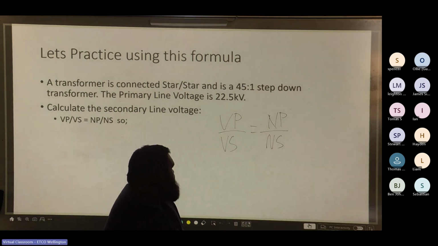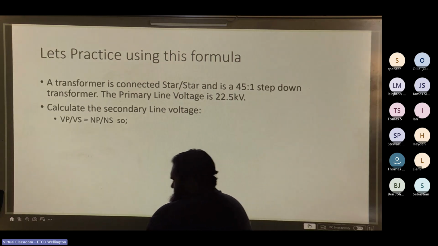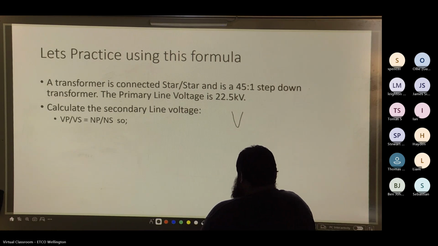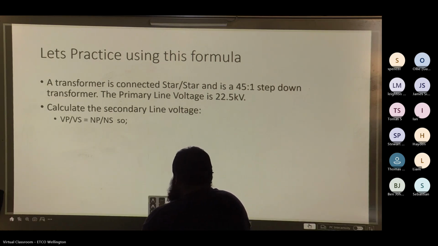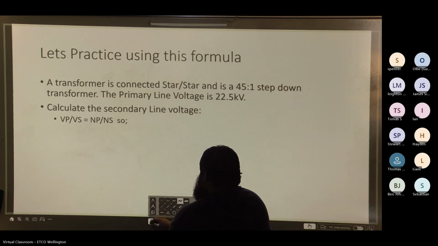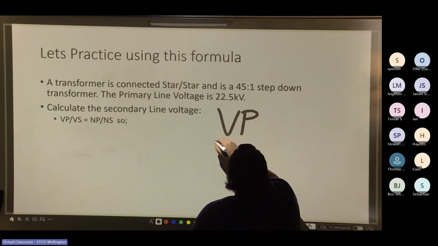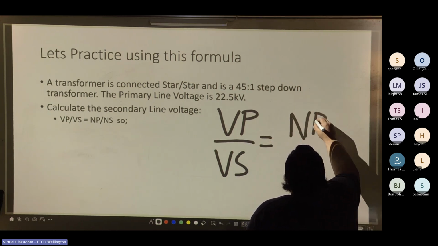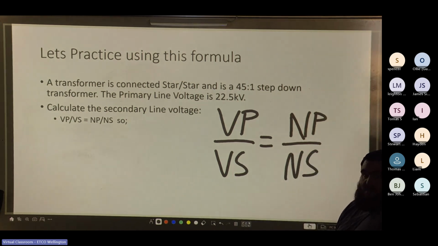Let's try using this. Cool. So you've got your voltage primary over voltage secondary is equivalent to your number of primary turns over your number of secondary turns.